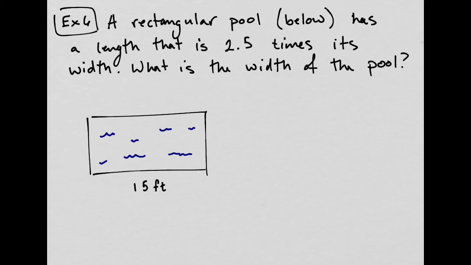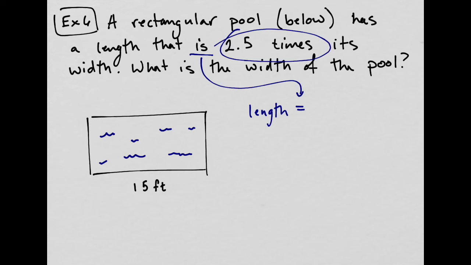So a rectangular pool has a length, so I'm going to write down the length. The length that is, so "is" we can translate to an equal sign. So "is" translates to an equal sign. 2.5 times, that's 2.5 and then we could say times its width.